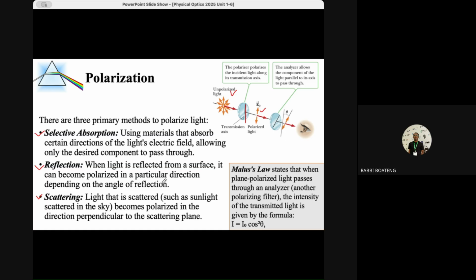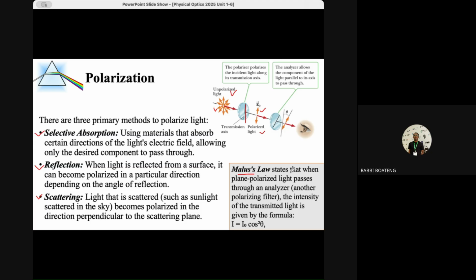Now, there is this man that helped us in finding the intensity of the light that is polarized. Supposing this is our light coming here, we can find the intensity. It has its own intensity, like 10. When it gets polarized, the intensity may reduce. Now, when it's reduced, Malus's law has a way that it can help us find the intensity that we now have as a polarized light.